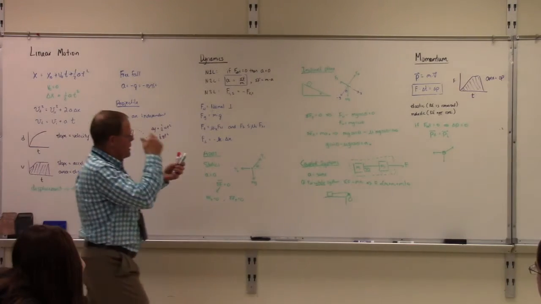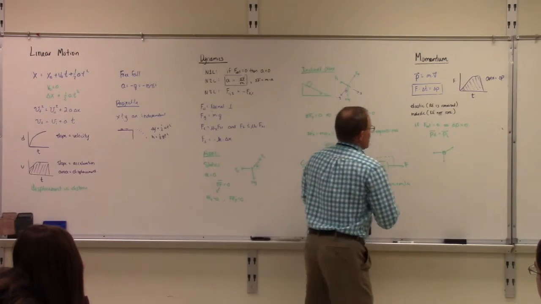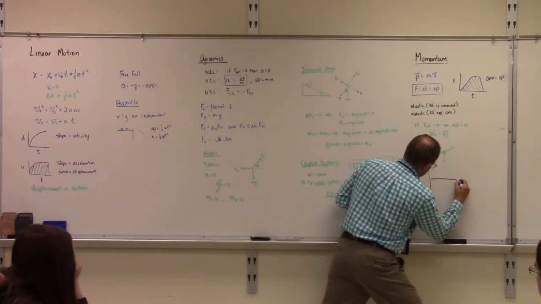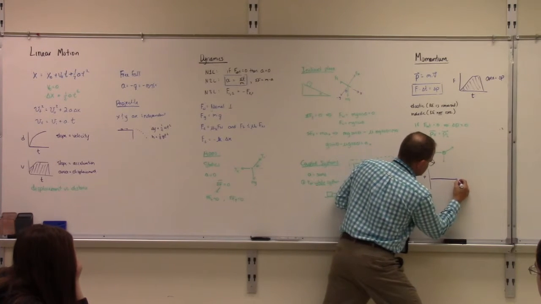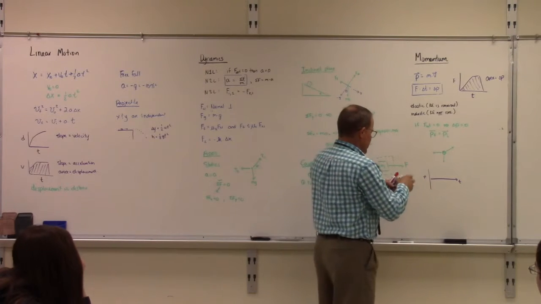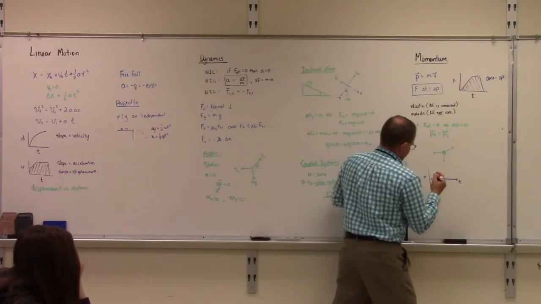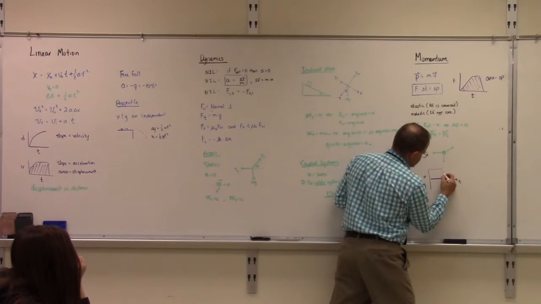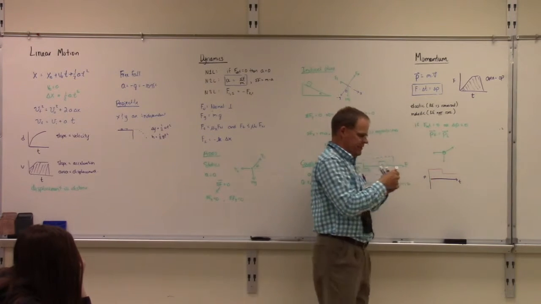Oh, last thing, graphs. A lot of times you'll see conceptual questions where they will give you a graph. This is the momentum and this is the time. They might tell you that a red car is moving along, it experiences a collision, and its momentum graph looks like that.